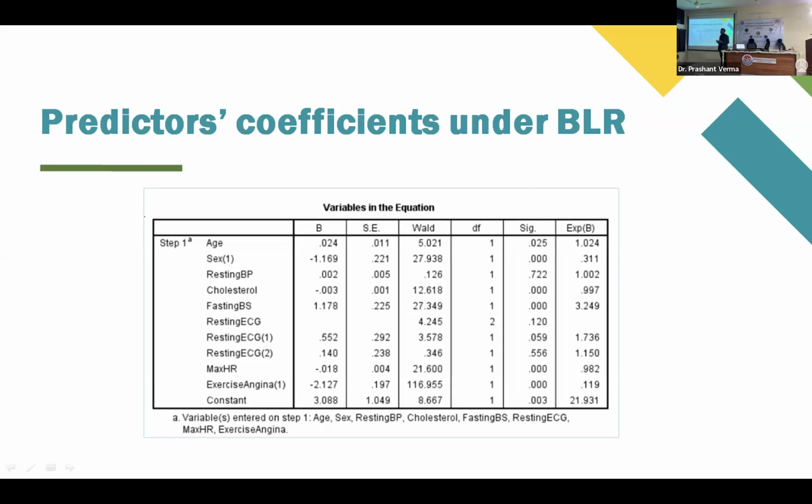If the age is increased by 1 unit or 1 year, the risk of heart disease will increase by 2%. Or in other words, the probability of getting heart disease, if we increase the age by 1 unit, will be 1.02 times. Okay, similarly for the sex.